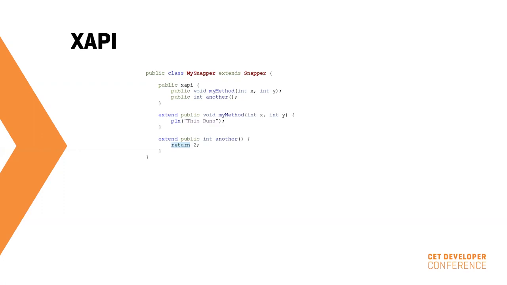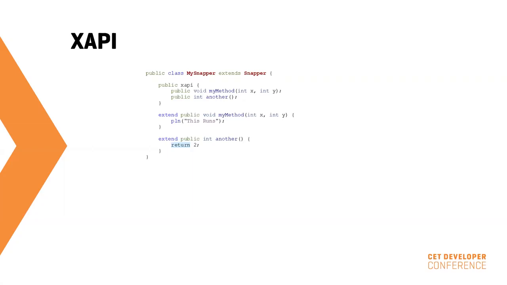Like I said, this is similar to public props. I think you can only have it once in your prop-obj. And if I didn't have my method or another defined yet, this wouldn't compile. It would tell me that those methods don't exist, so I can't add them to XAPI.